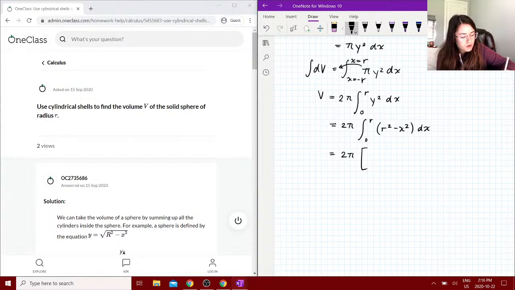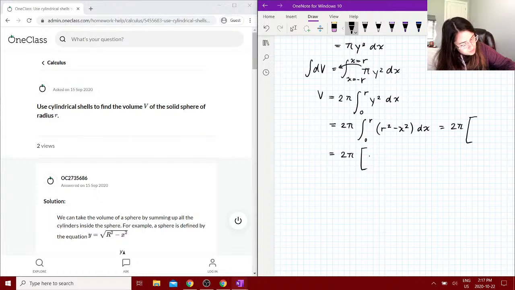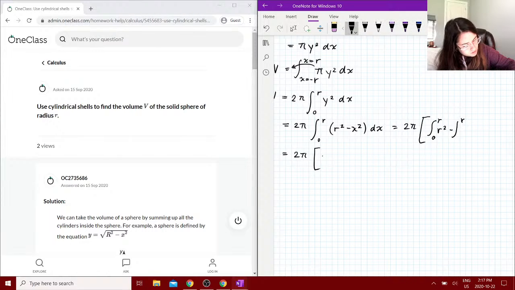So the integral of r squared, well, since it's with respect to x, I'm just going to separate it so that you can look at these two separately, okay? So this is the same as this, the integral of r squared minus the integral of x squared. Oh, sorry, I missed the dx's in here.